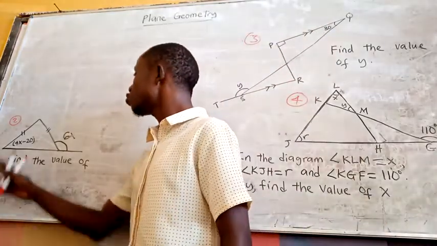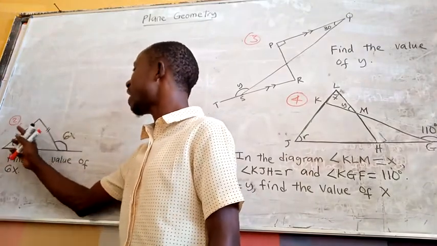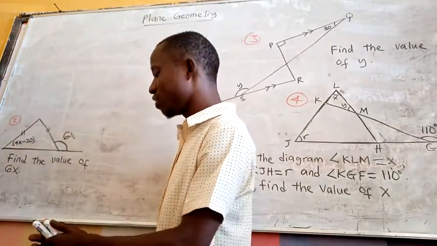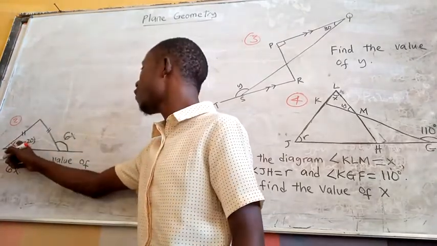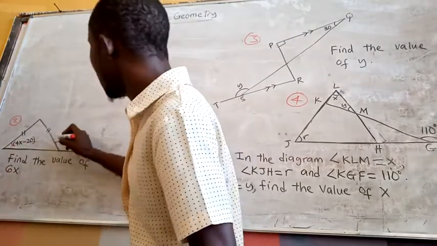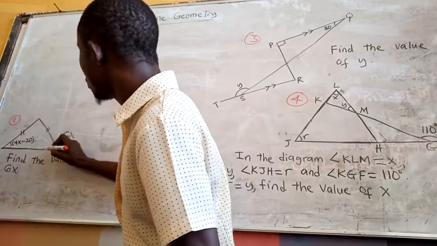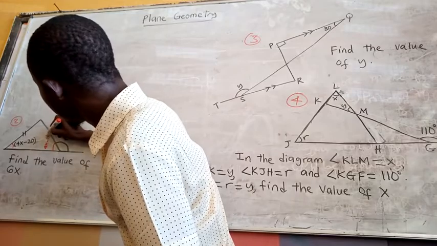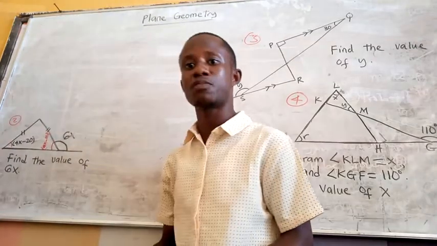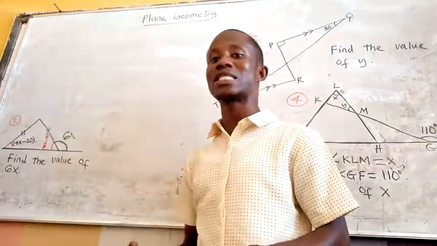So since the angle given to us is equal to 4x minus 20, the angle from here will also be 4x minus 20.